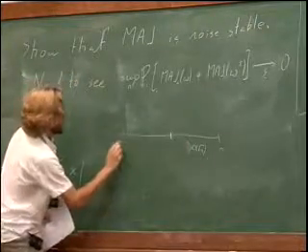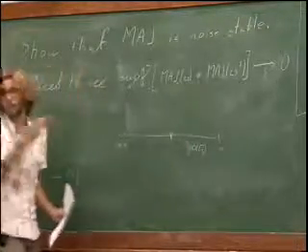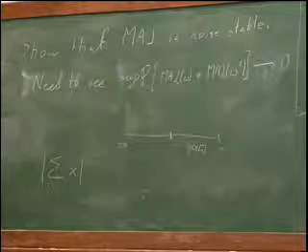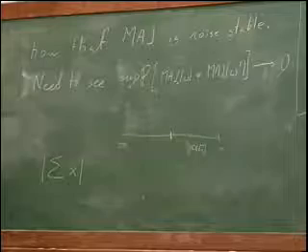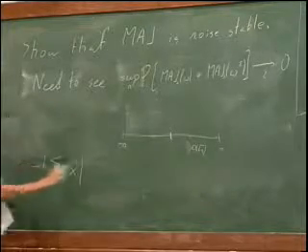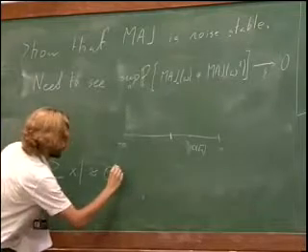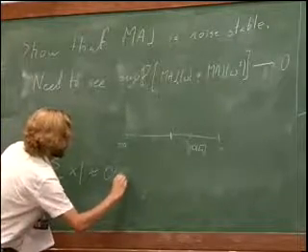maybe it's better to do it this way. The bits really are plus ones and minus ones. So the sum of the bits is going to be something roughly of order square root of n.